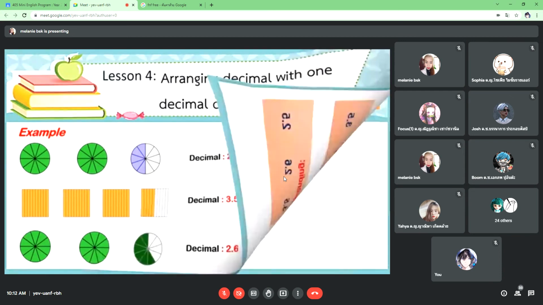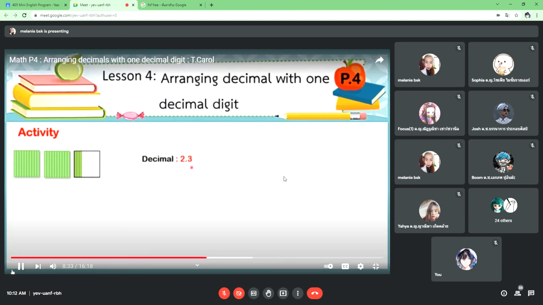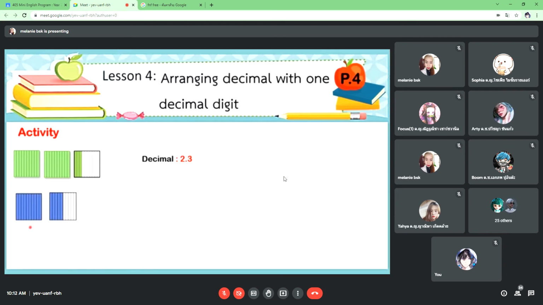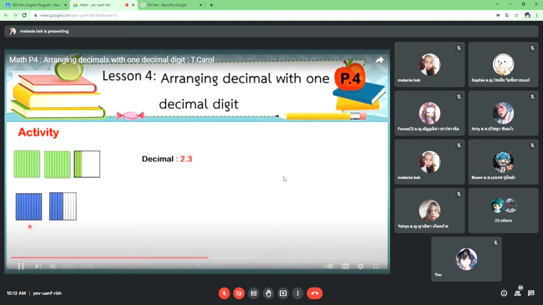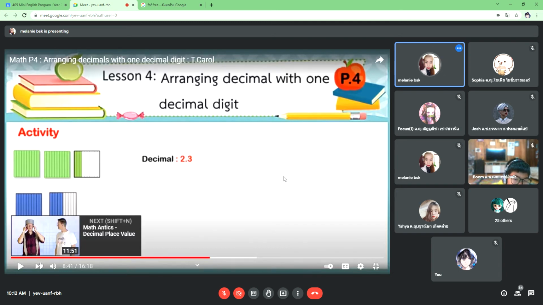Let's have this second example. As you can see, what decimal is this? It's 2.3. Second example. How many squares can you see? There are 2. How about in this one? The second example, children.